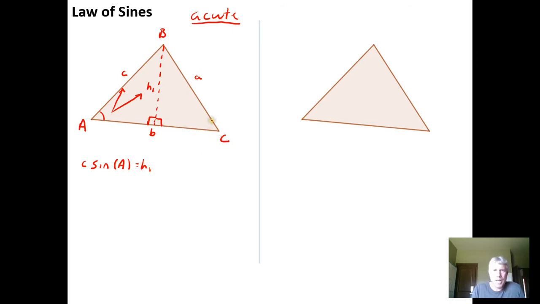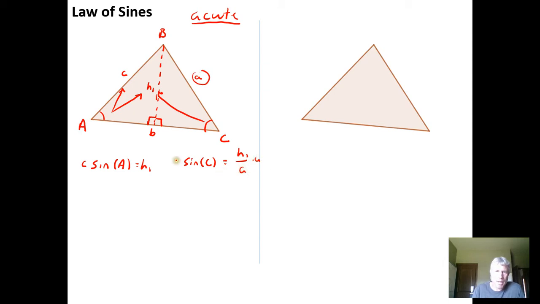And then for angle C right here, what I see is that the sine of angle C is equal to opposite, which is this height 1, over hypotenuse, which is length a.